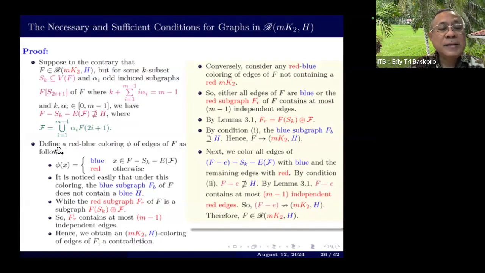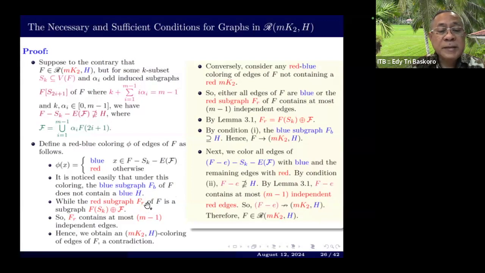Now, define a red-blue coloring phi of F as follows. Phi x is blue if the edge is in this subgraph, otherwise it is red. Notice that the blue subgraph of F does not contain a blue edge.